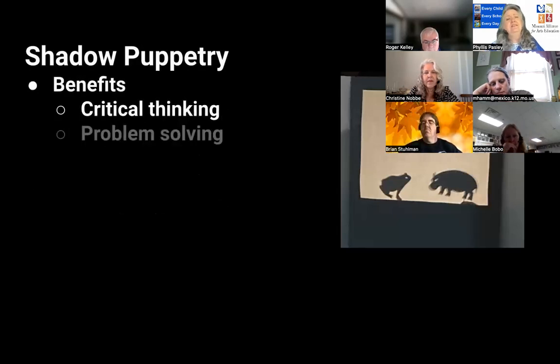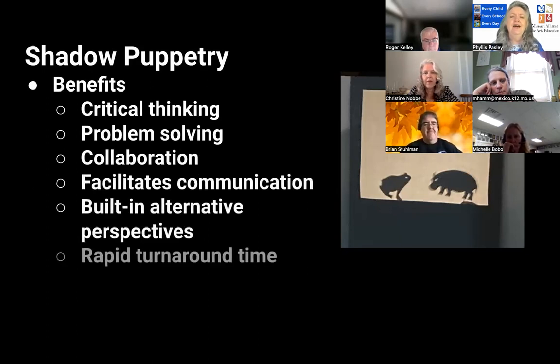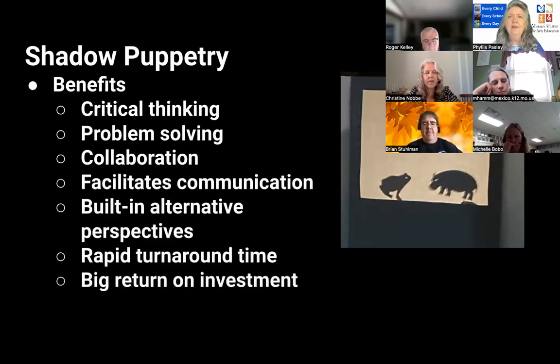The benefits of shadow puppetry are popping up here on the screen. As a performer of it, I was amazed at all of the levels of critical thinking that I had to do in terms of constructing the dialogue for this.